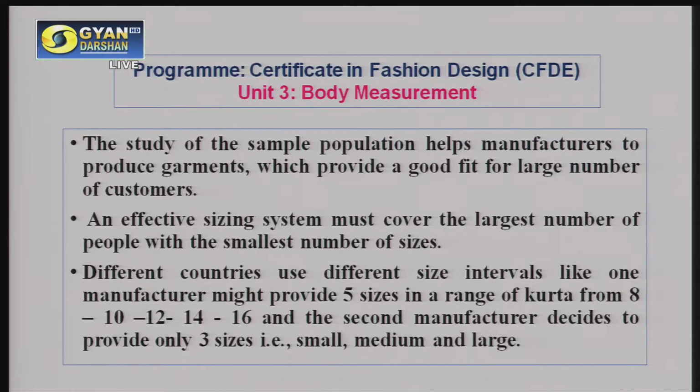Then the study of the sample population helps the manufacturer to produce garments which provide a good fit for a large number of customers. An effective sizing system must cover the largest number of people with the smallest number of sizes, from the maximum to the minimum.